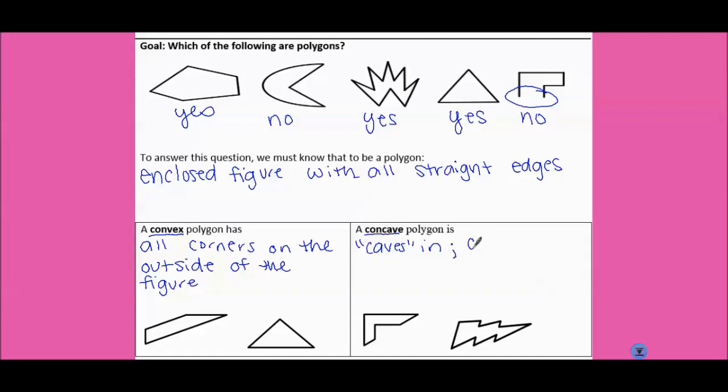In other words, the corners, or some of the corners, are inside the figure. Like here's a corner that's inside, and these corners are inside.